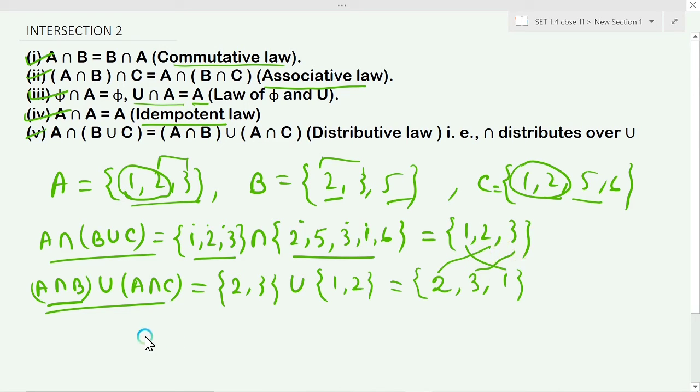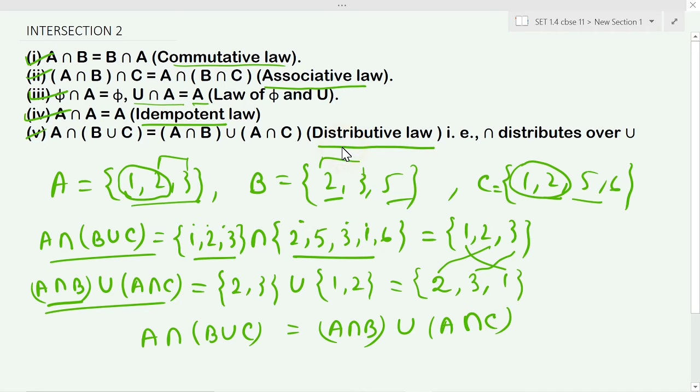So we can say that A intersection (B union C) equals (A intersection B) union (A intersection C), and this is called the distributive law. That is, intersection distributes over union. Okay.